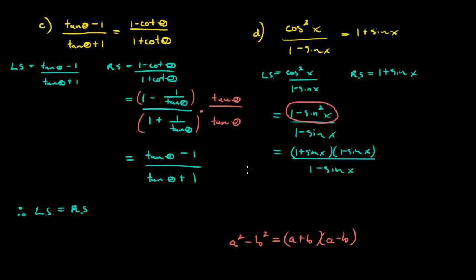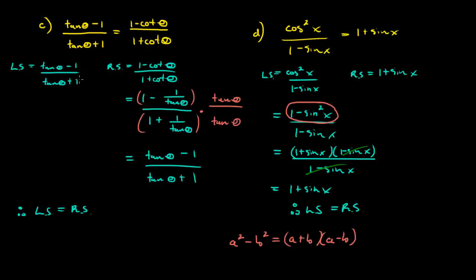Now, these factors of 1 minus sine x divide out. And what we're left with is 1 plus sine of x, which makes the left side equal to the right side. So I can write my therefore, left side is equal to the right side. And I have proven this identity.